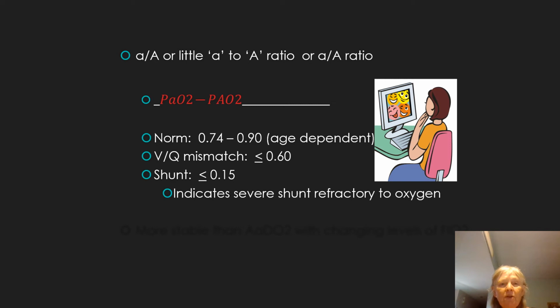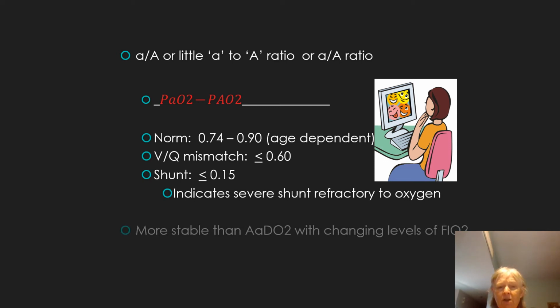Another thing we can look at is the a/A ratio, the little a to big A ratio. This is your PaO2 divided by your PAO2. As you can see, I'm going to show you here, and then we're going to go back and talk about it. It's a little more stable than the A-a difference or A-a gradient with your changing levels of FiO2.